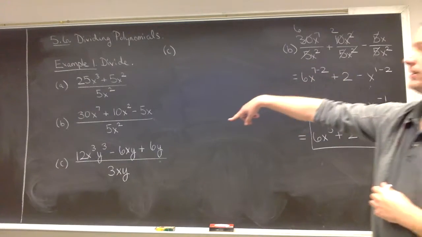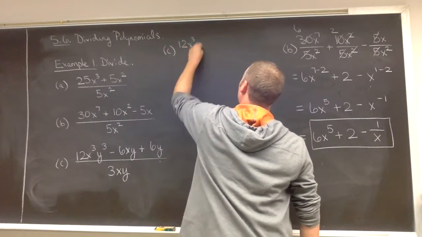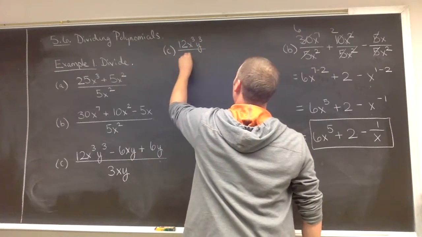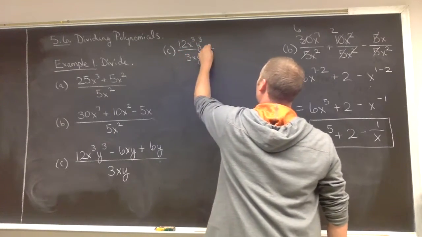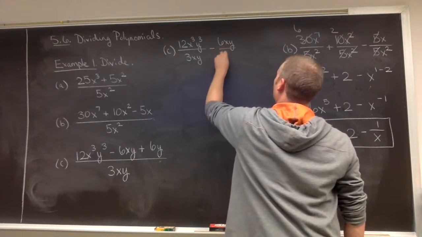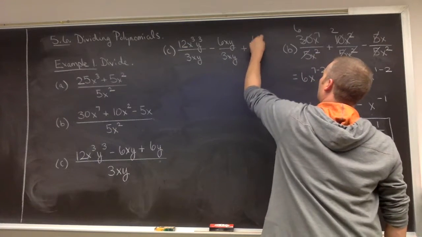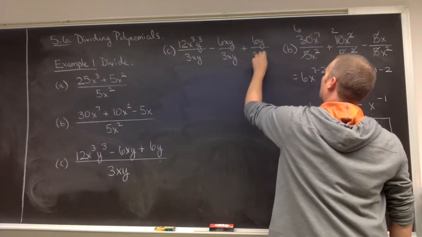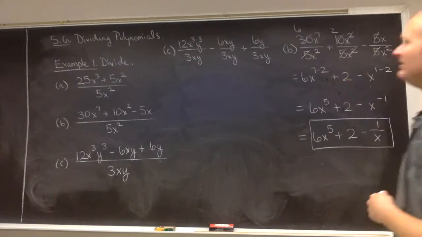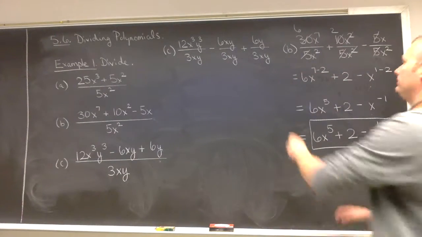Lastly, in C, we're going to split this fraction up. Okay, so everything is individually divided by 3xy.